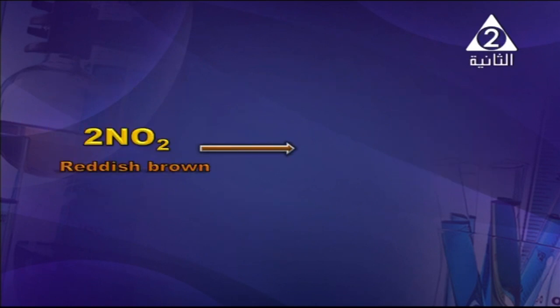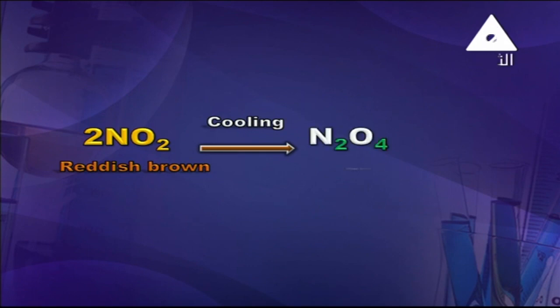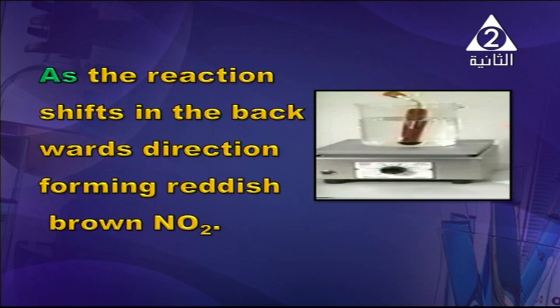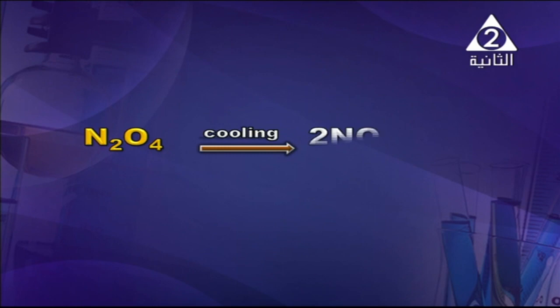And when the flask is in hot water, it becomes reddish brown color as the reaction shifts in the backward direction, forming more reddish brown NO2. As the equation proceeds on the screen, dinitrogen tetraoxide on heating gives nitrogen dioxide gas which has reddish brown color, so the intensity of the red brown color increases.